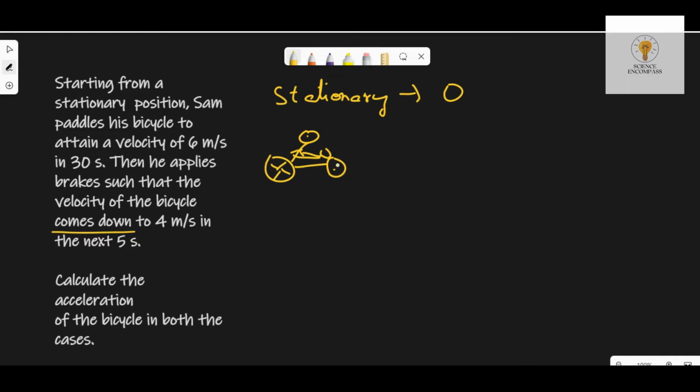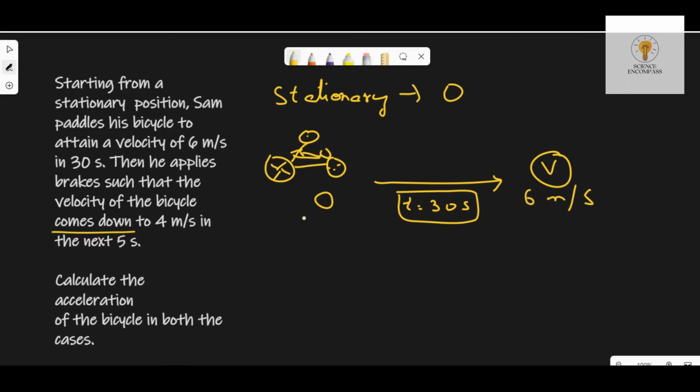So this is the bicycle, and he's starting here at zero position, and he attains a velocity of 6 meter per second in about 30 seconds. So time is 30 seconds. So this is the time, and this is your velocity over here.